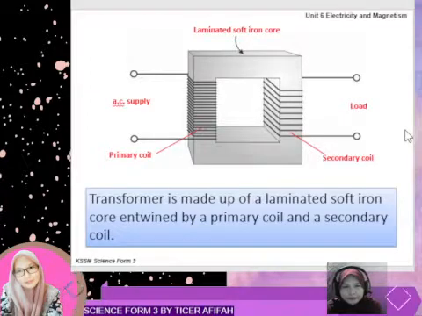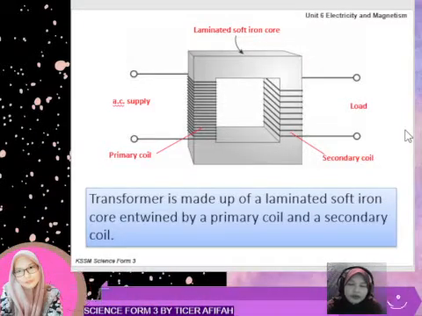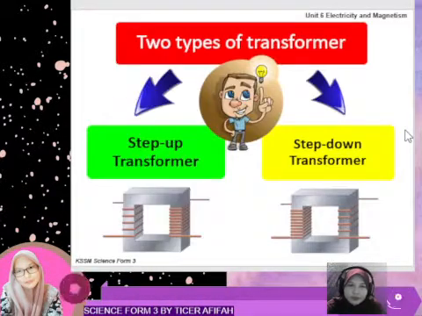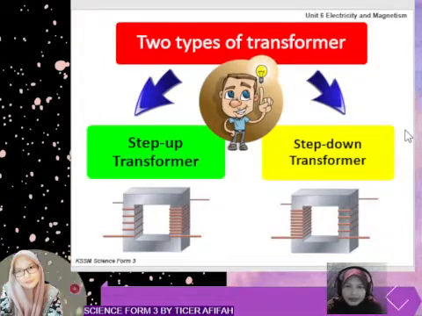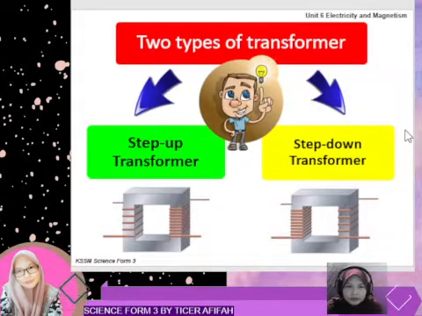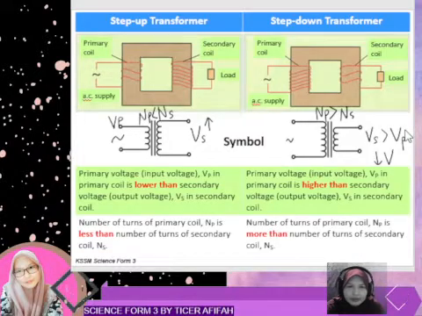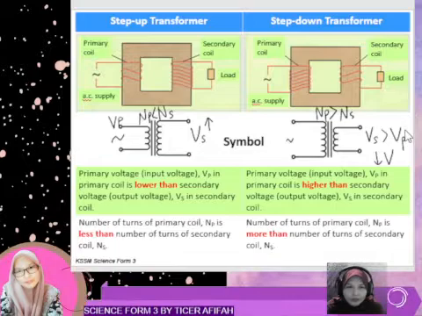So the primary coil is always connected to the alternating current supply. There are two types of transformer, step-up transformer and step-down transformer. So we look at the difference between step-up transformer and step-down transformer. Okay, we have the symbol.